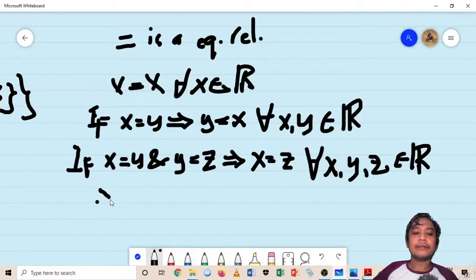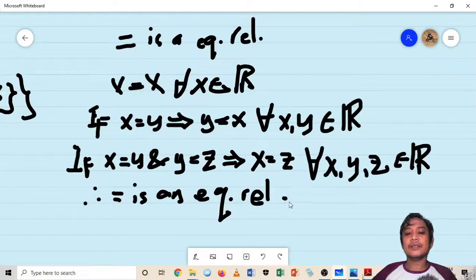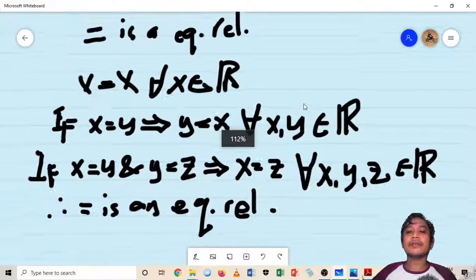Therefore, equality indeed is an equivalence relation. That simply follows from the properties of equality.